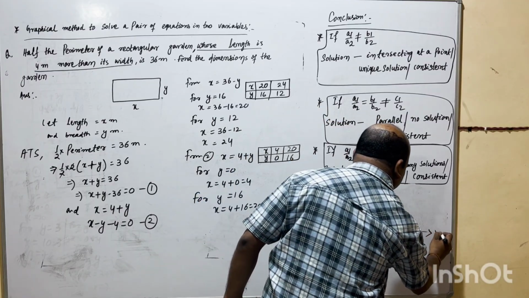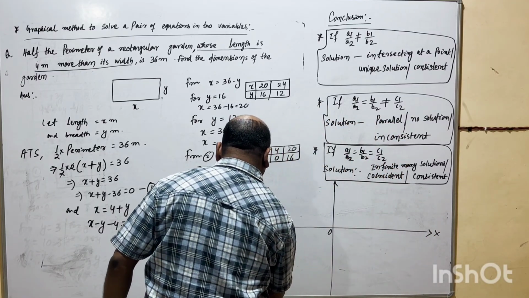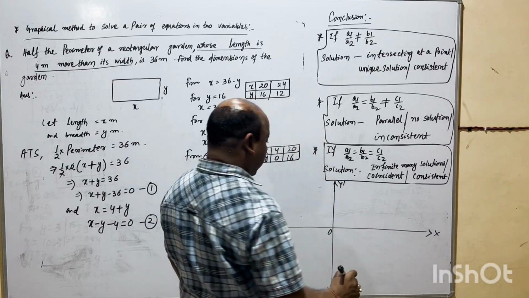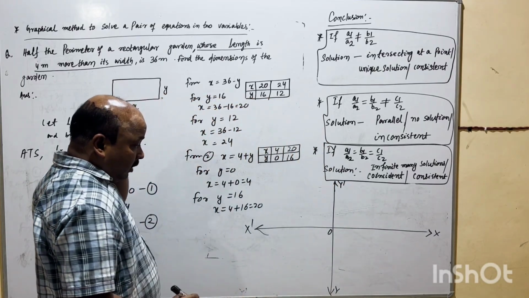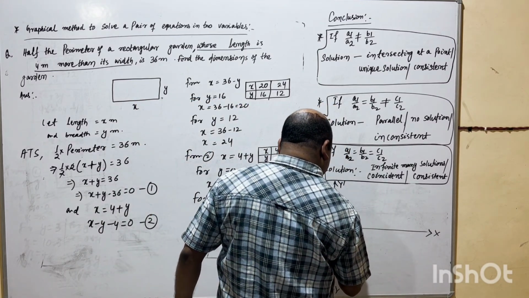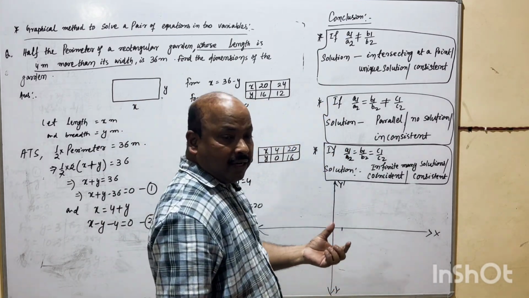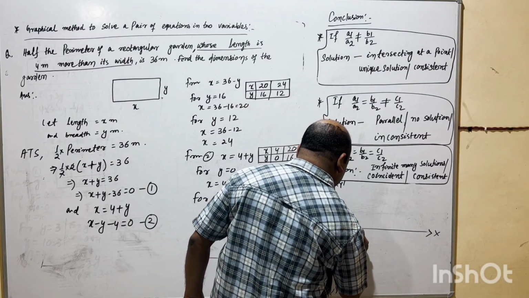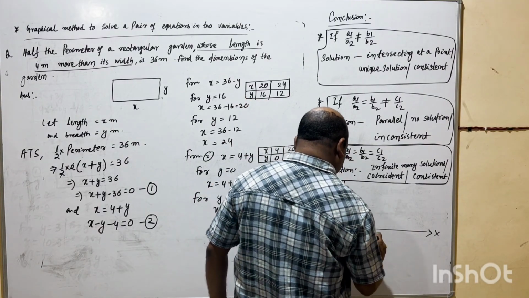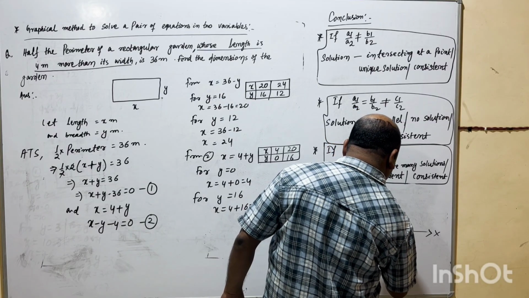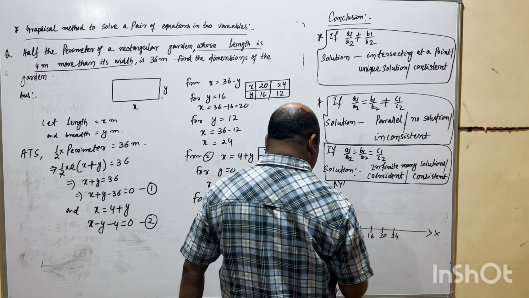This is the x'ox axis and the y'oy axis. On the x axis and y axis, we take 10 small divisions, 4 units each: 4, 8, 12, 16, 20, 24, and so on.